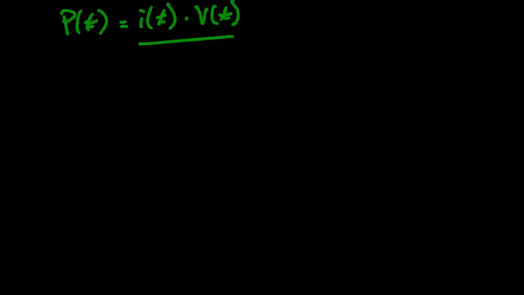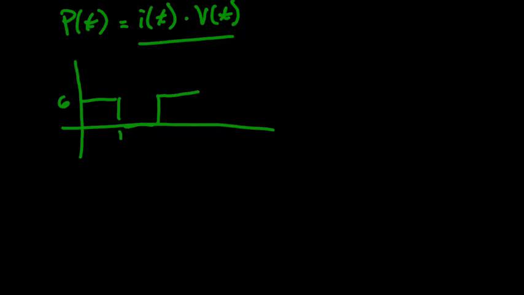So we have a representation. Let's draw both of them over top of each other, right? So v of t is just equal to 6 from 0 to 1, 0 from 1 to 2, and so on.